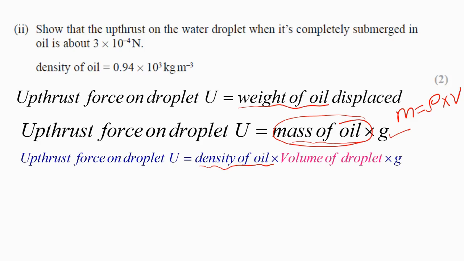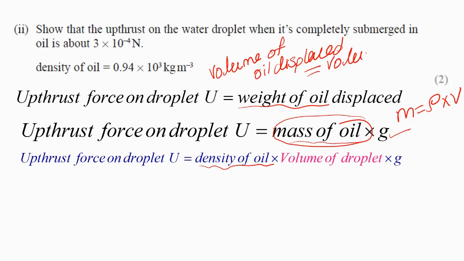The volume of oil displaced is absolutely equal to the volume of the droplet. That's the same thing. So we can easily find the mass of oil, the density of oil times the volume of the droplet, times acceleration due to gravity.